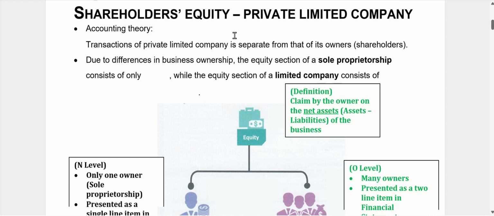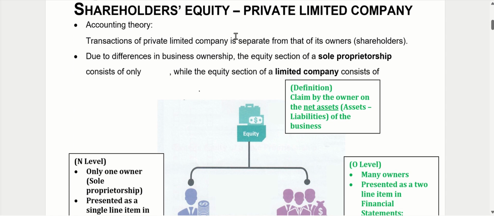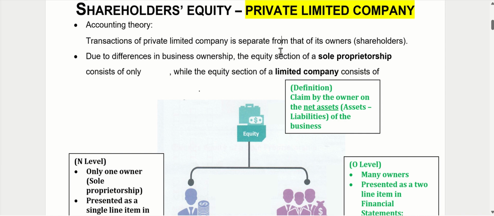Now, what is shareholders' equity? Shareholders' equity is a term which you see only in a private limited company. In a sole proprietorship, you don't see shareholders' equity, you see owners' equity. So the term shareholder is quite unique to a private limited company. Now, what accounting theory is applicable to this?